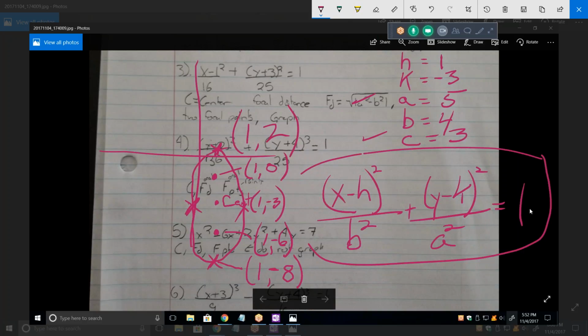Okay. And now this minor vertex. The major vertex is the vertex that lies along the longest axis. The minor vertex is on the small axis. Well, what's B?